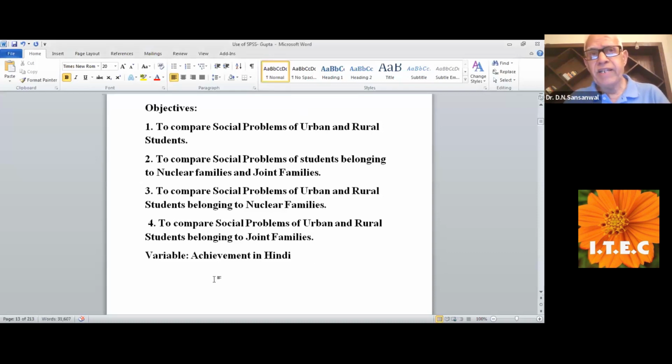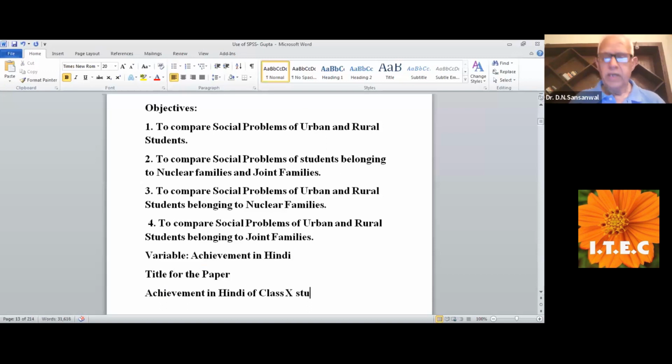So if it is achievement in Hindi, and I write the title for the paper, I can say achievement in Hindi of class 10th students of schools of Jaipur.